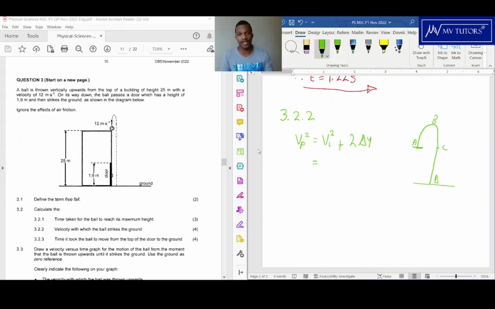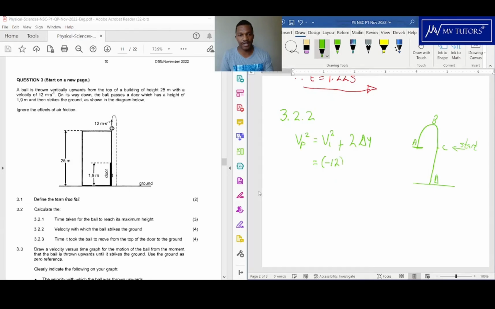So at C is our initial velocity, because we want to know the velocity with which the ball strikes the ground. So I'm going to take C as my starting point. Since we chose up as positive, going down is negative.